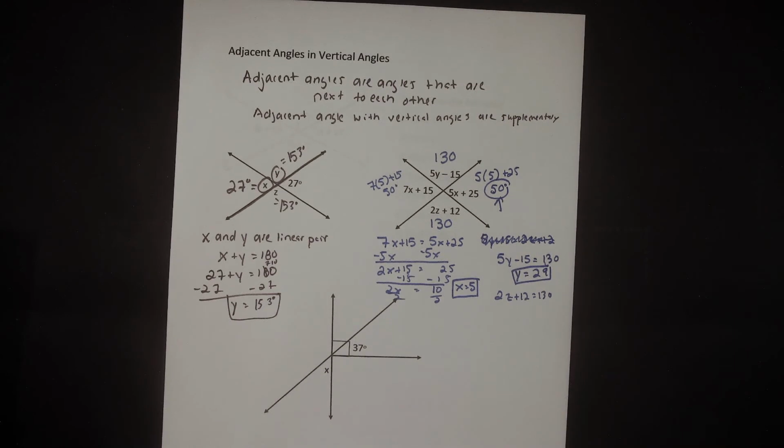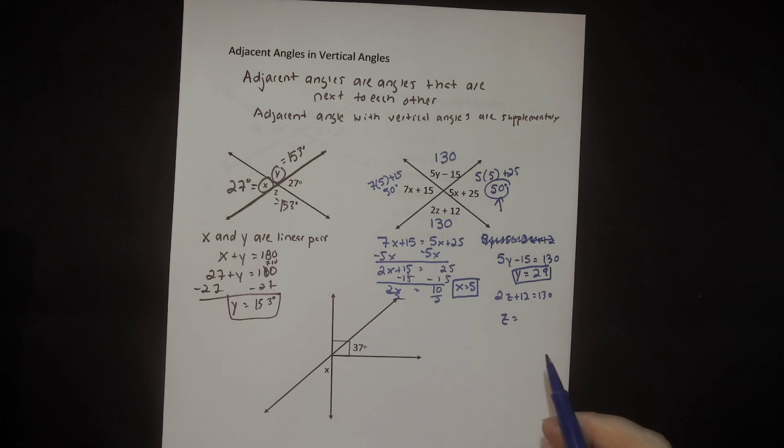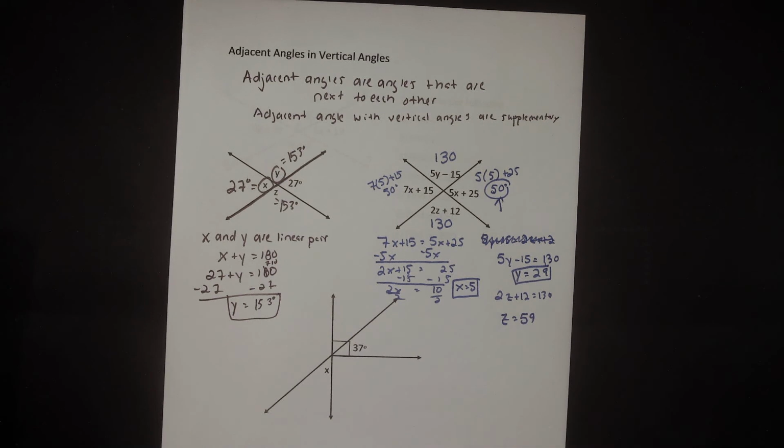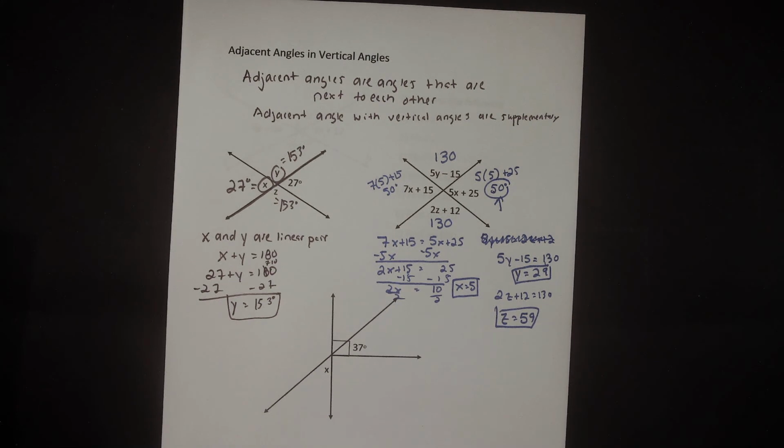And then let's see, 130 minus 12 is 118. 118 divided by 2, 59. Yes, 59. I'll double check it. I'm fairly certain that's what it is. Okay, so that's my two answers there. Now I'll do one more of those real fast in a second.